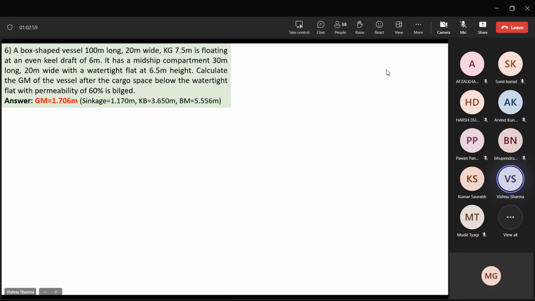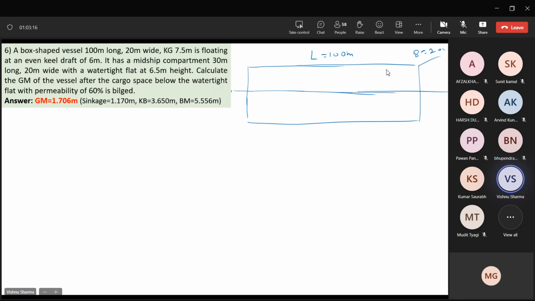A box-shaped vessel, 100-meter long, 20-meter wide. Same standard ship, guys. Is floating at an even keel draft of 6 meters. Has a midship compartment, 30-meter long, 20-meter wide.